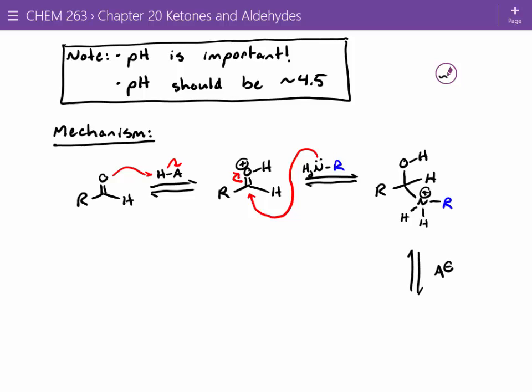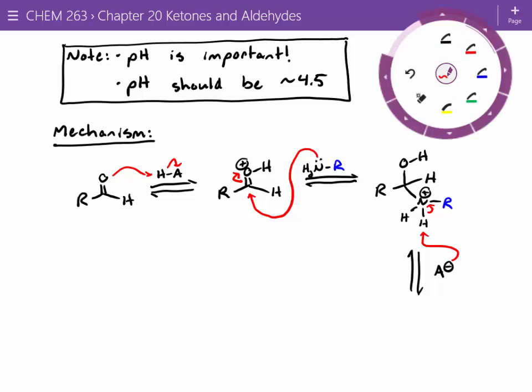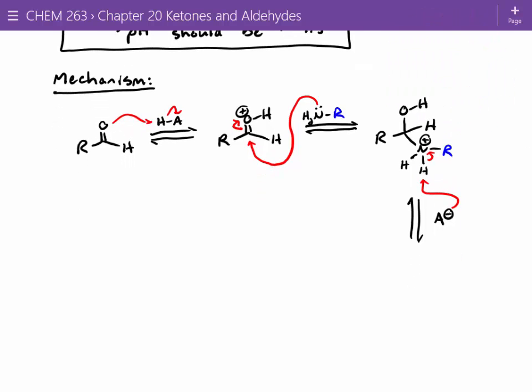The next step, we've got our conjugate base that can deprotonate our nitrogen, giving us our neutral molecule, and we can regenerate our acid.